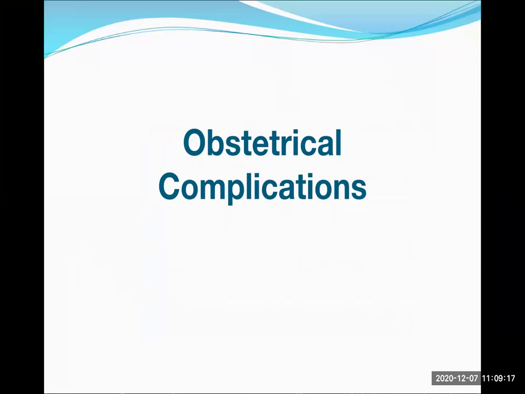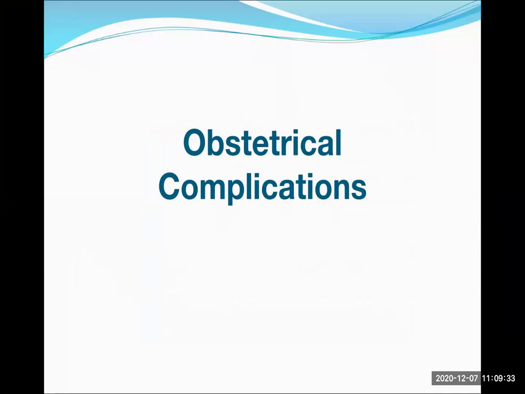Now, from today onwards, we will talk about certain abnormal conditions and disorders during pregnancy, like hypertension in pregnancy. This is a very important topic, so we are going to talk about that in today's class.